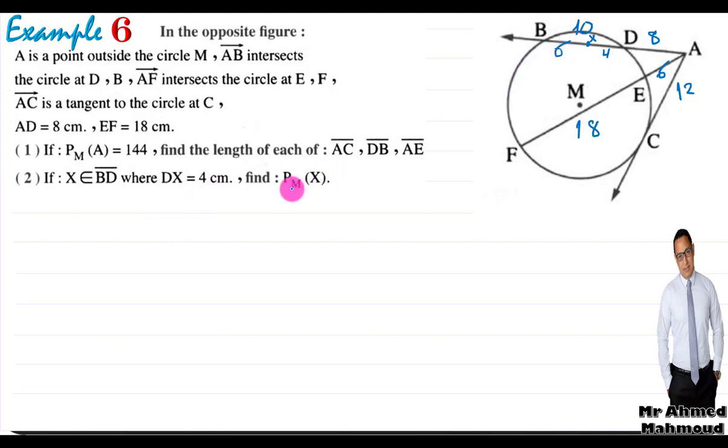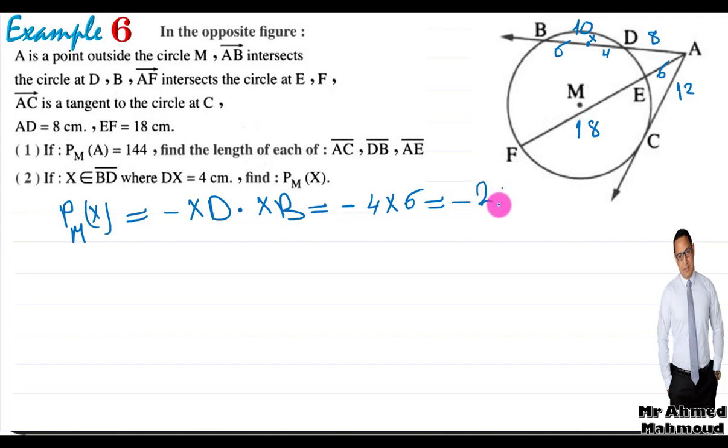Find the power of the point X with respect to M. Here the power of the point X with respect to M equals negative XD times XB, so it is equal to negative 4 times 6, which equals negative 24. This is the second part of the question.